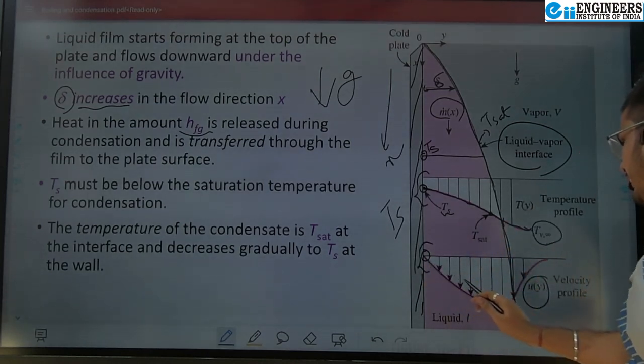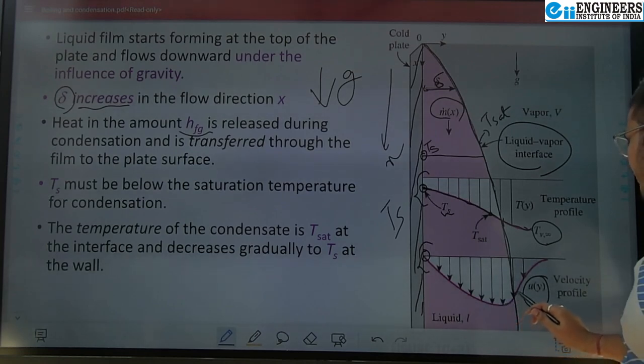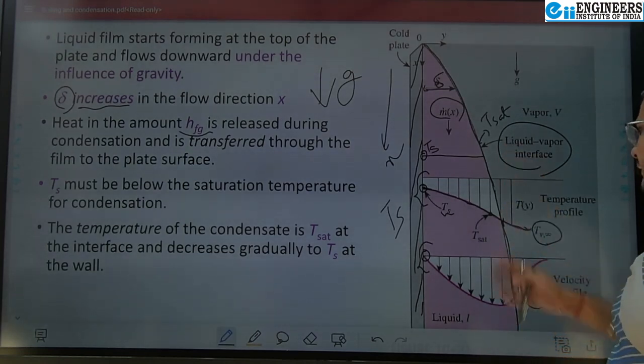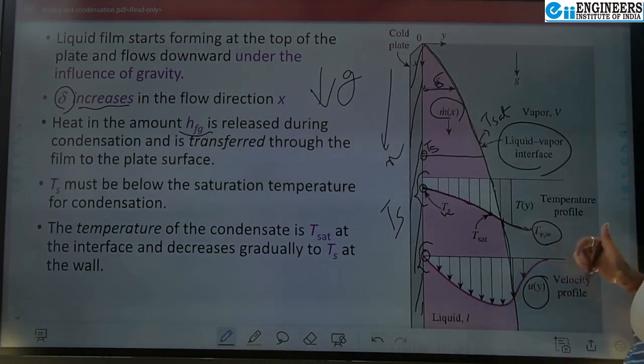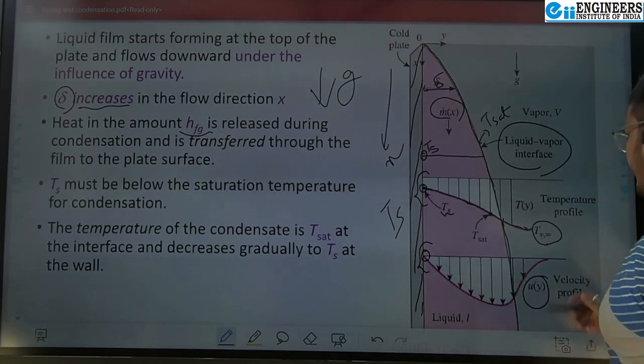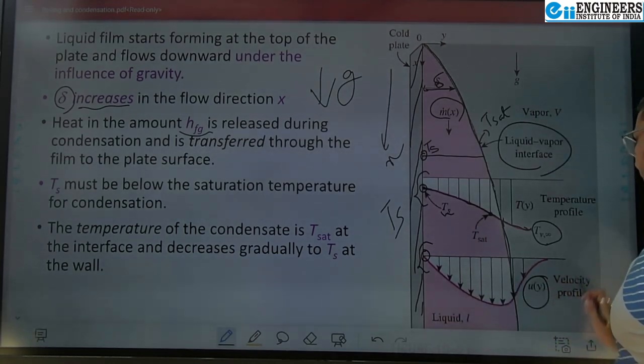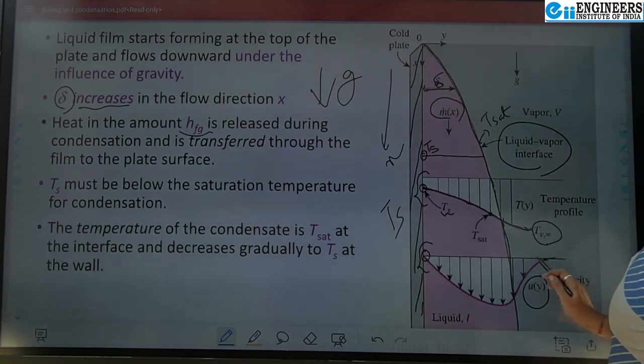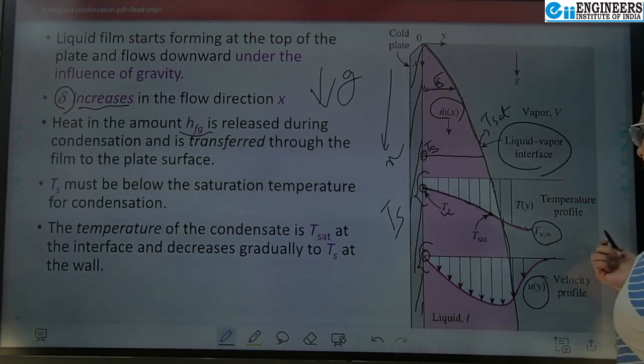The velocity increases, then at the vapor side it decreases, because the condensate falls at a faster rate than the vapor due to its weight and gravity, and the vapor is in a static condition.